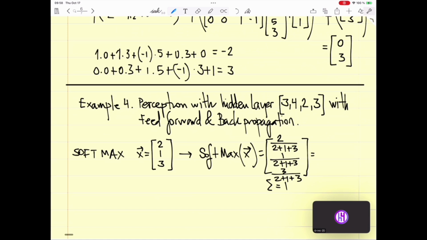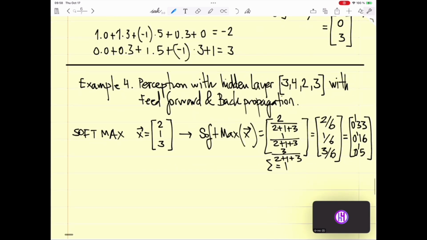So this is going to be 2 divided by 6, 1 divided by 6 and 3 divided by 6, which is proportional to the original, but the elements add up to 1.